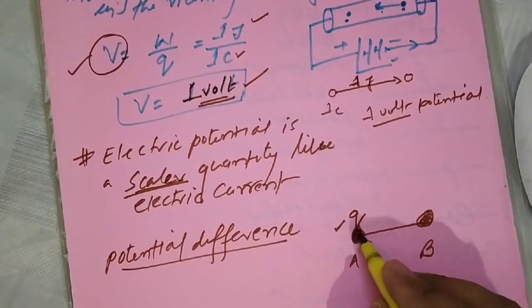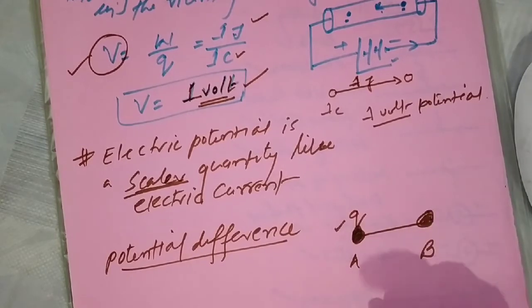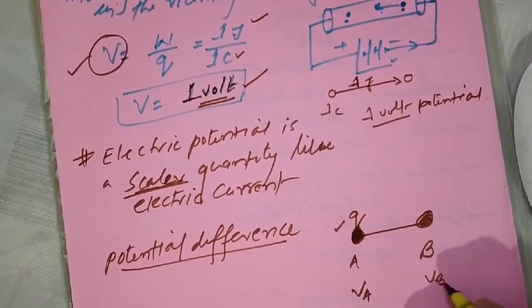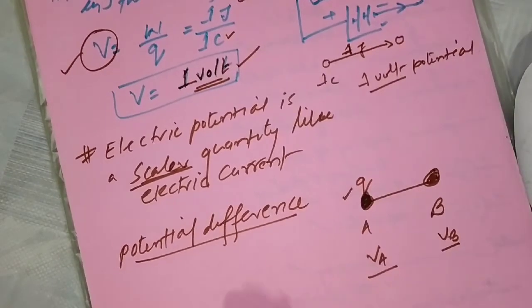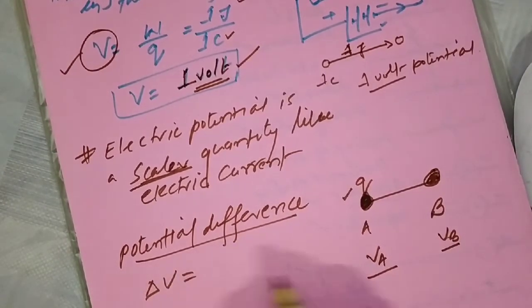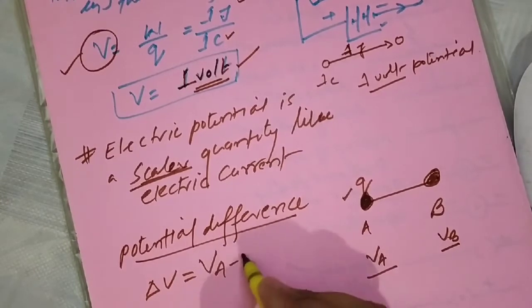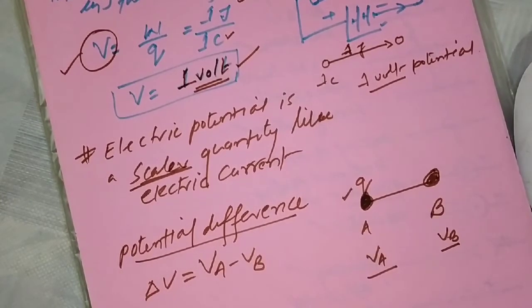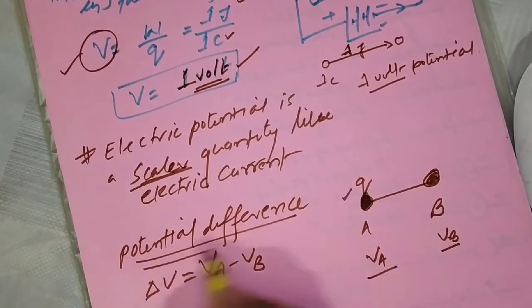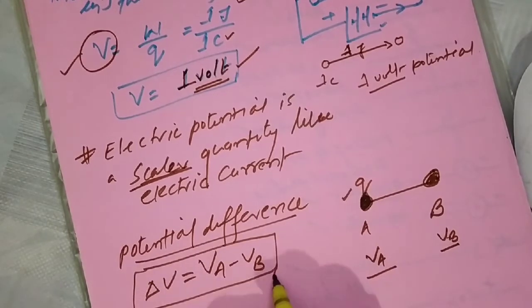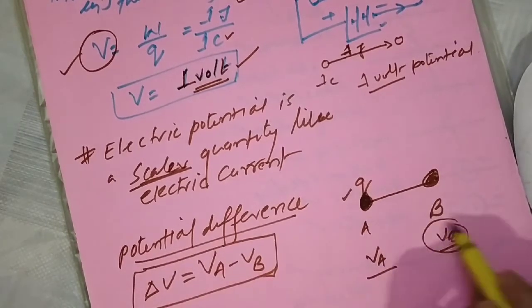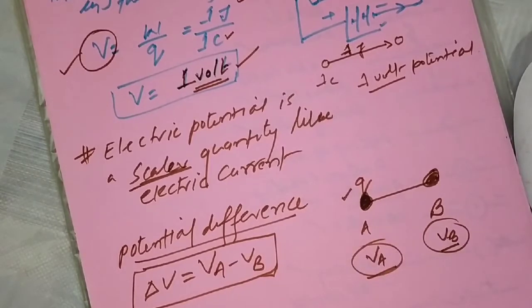That is why charge is moving from higher potential to lower potential. So the potential at point A is VA and the potential at point B is VB. As per definition, the potential difference, delta V, will be the higher potential minus the lower potential. So this is your potential difference, or you can say the difference between the potential at two different places.